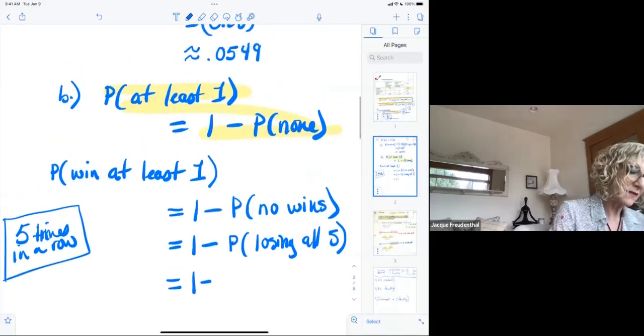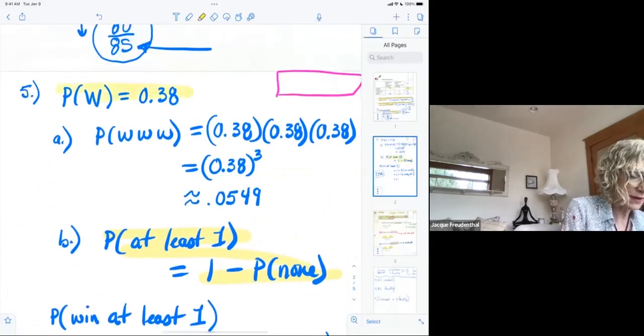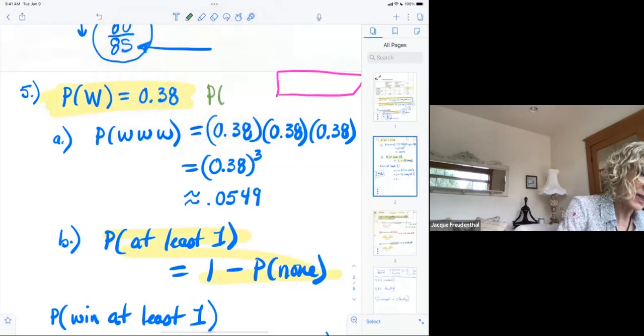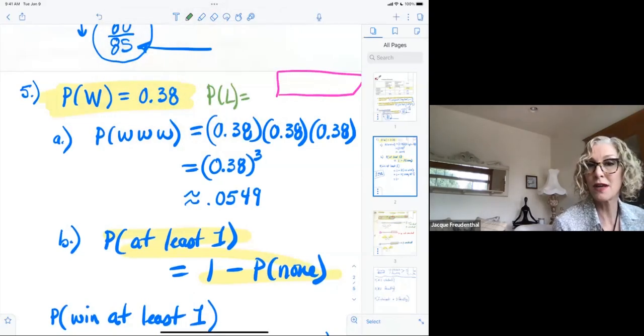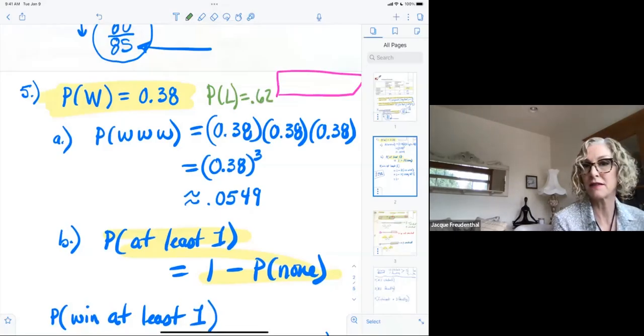We were given in the original problem that the probability of winning is 0.38. Therefore, the probability of losing is the opposite of that, right? It's the complement. So 1 minus 0.38 is 0.62, that's the probability of losing.